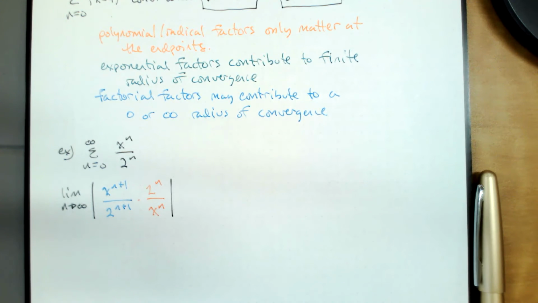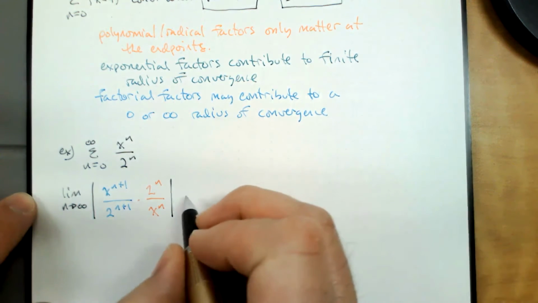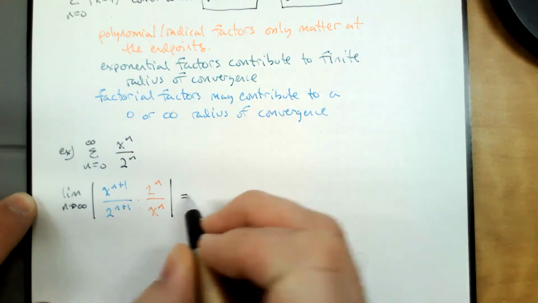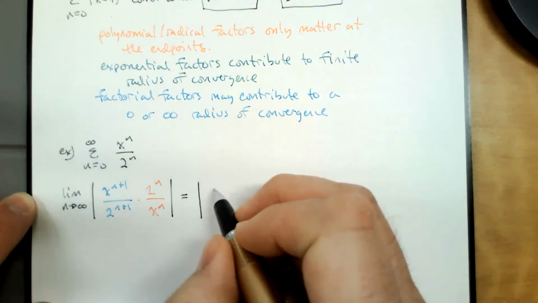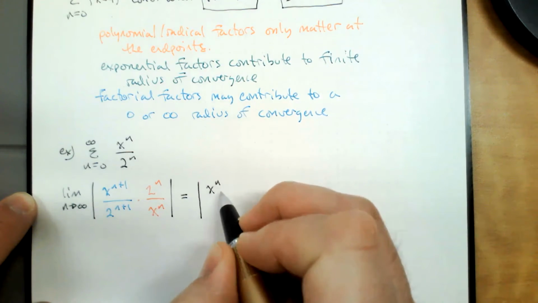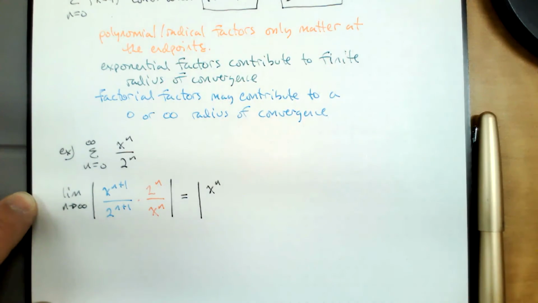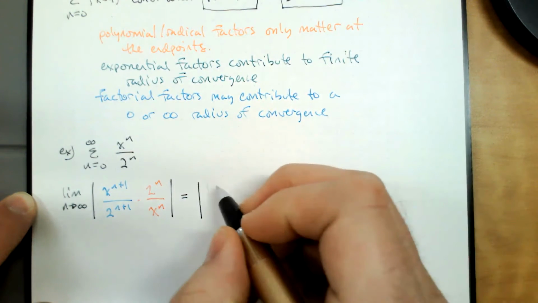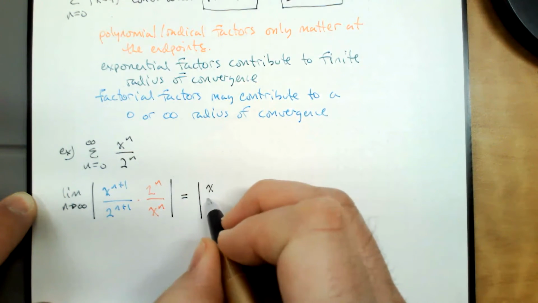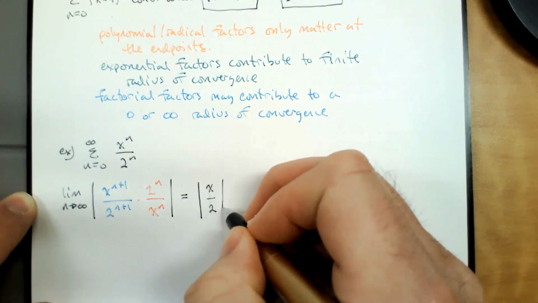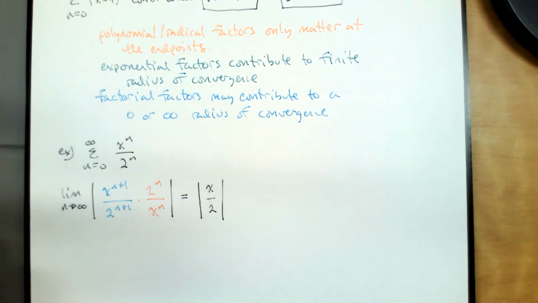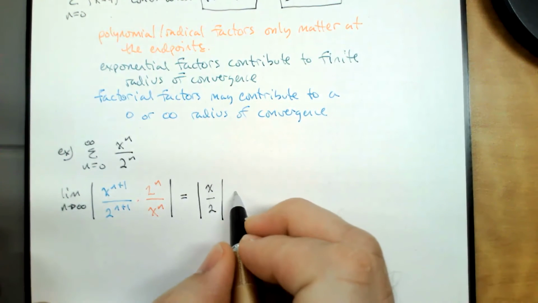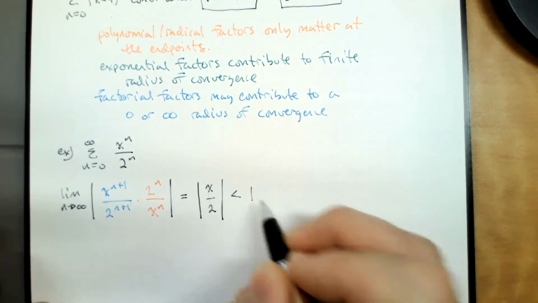After all the canceling happens, there are no more n's. So the limit is the absolute value of x over 2. And the ratio test says the series converges if the limit from the ratio test is less than 1.